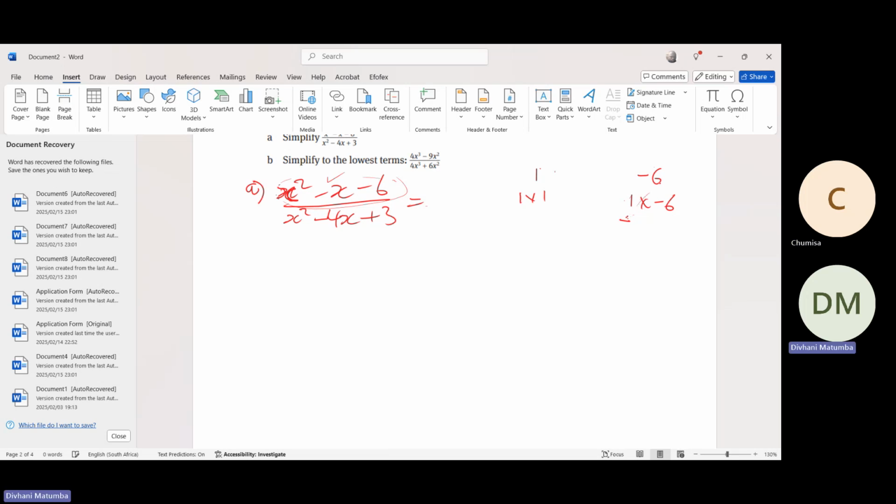I want factors of -6. Possible factors. It's negative 6 times 1. Okay, -6 and 1, yes, we have already done that. Do you agree with that one? Yes, sir.